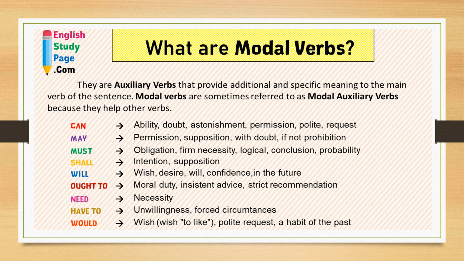Have to shows unwillingness or some kind of forced circumstances. Would is basically a kind of wishing. It can be used to show polite request or a habit of the past as well. Using them in examples will help you understand these modal verbs better.